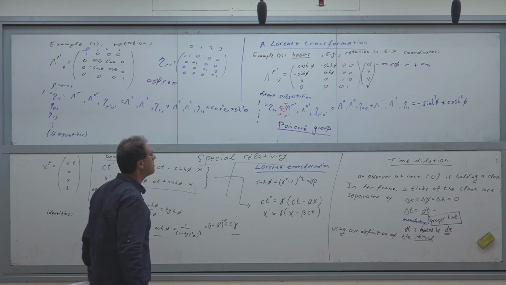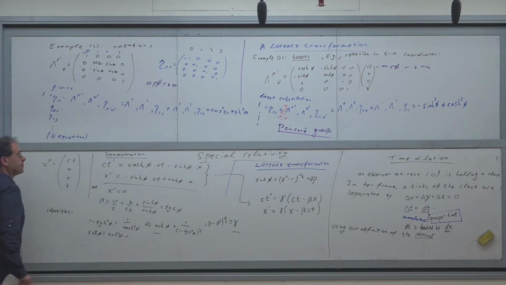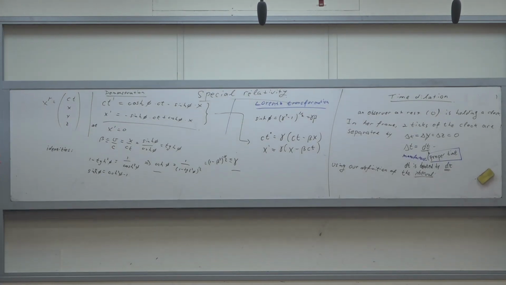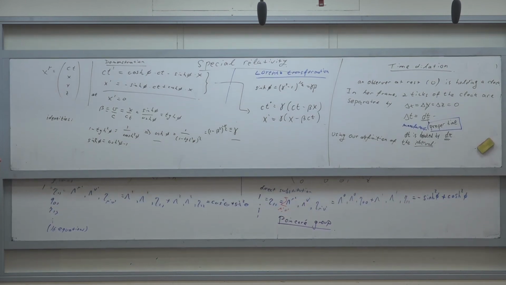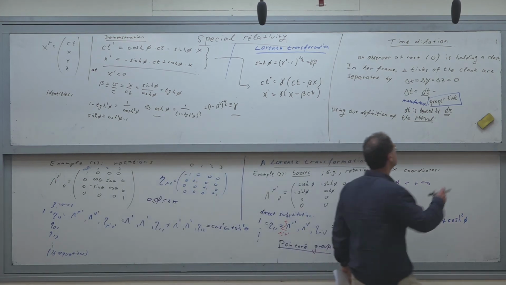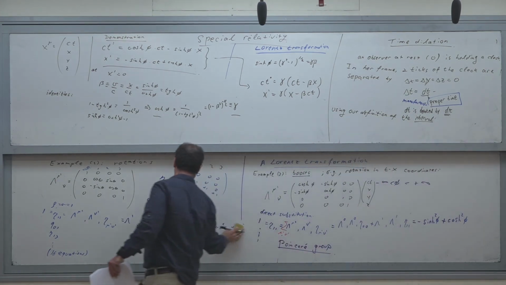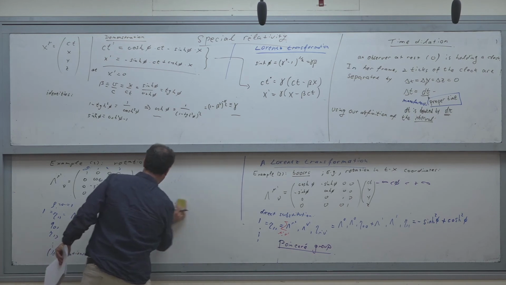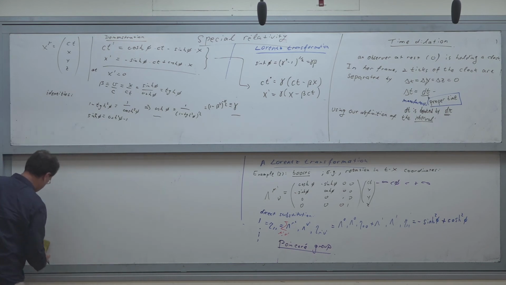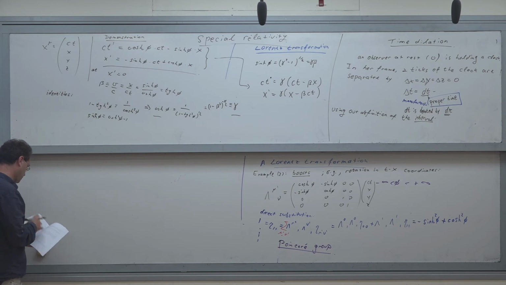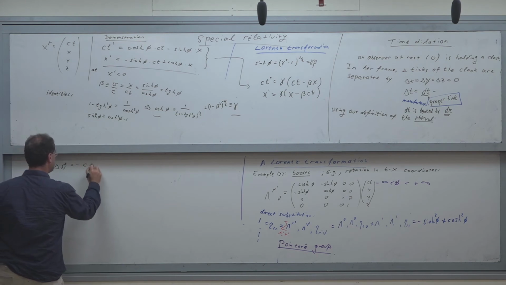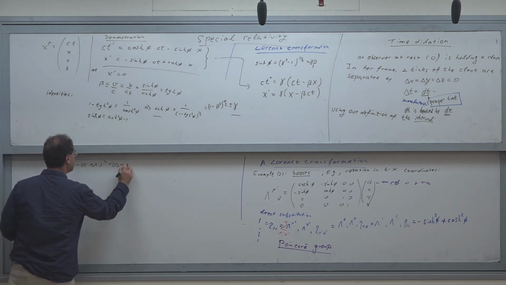which is already erased. Let's go up again. Excuse me. So remember we had delta s squared. Well, it is just minus c delta t squared, plus delta r squared.